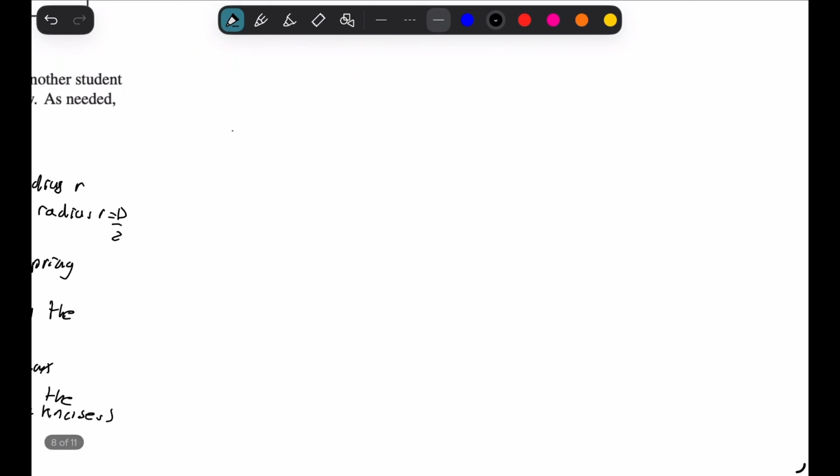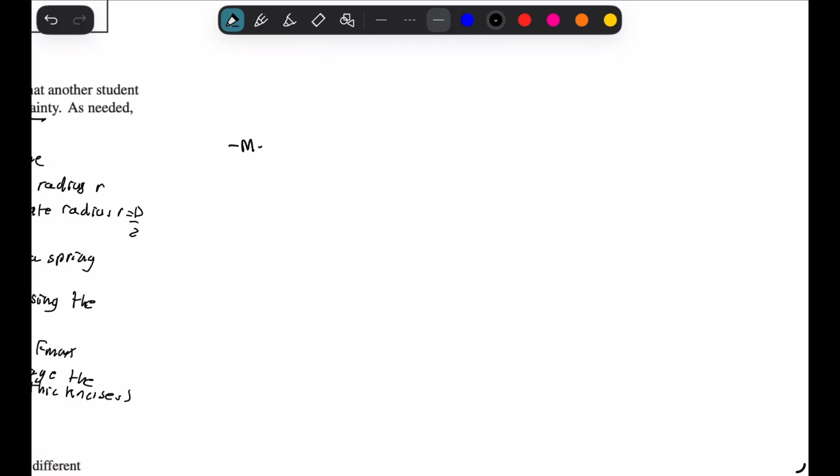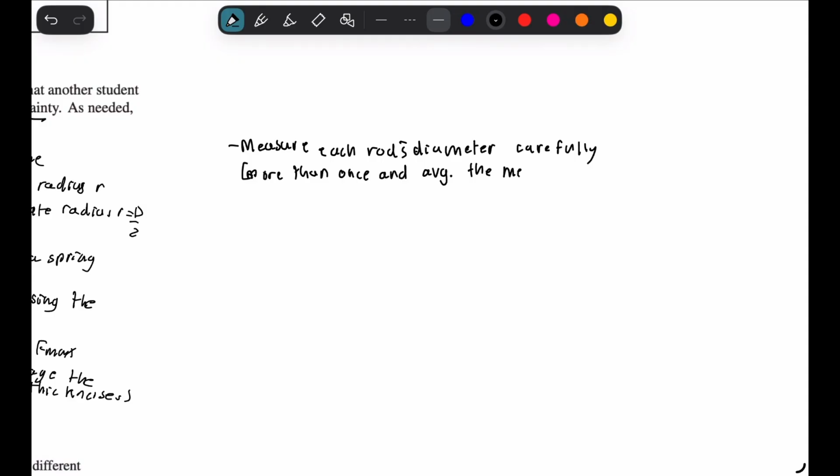So for uncertainty, what we can do is measure each rod's diameter carefully. You could also do this more than once and average the measurements.